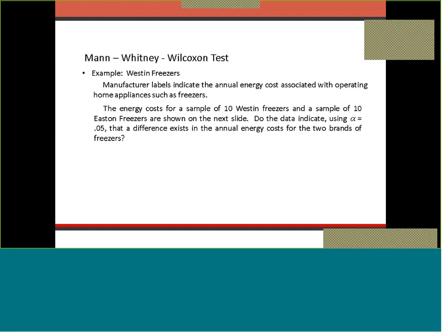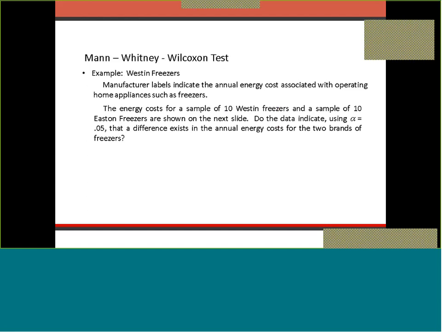So let us take a simple example, because all non-parametric methods are very easy to solve. Only a simple concept is involved. That's why I suggest you practice all problems rigorously. The example for the Mann-Whitney-Wilcoxon test: manufacturer labels indicate the annual energy cost associated with operating home appliances such as freezers.